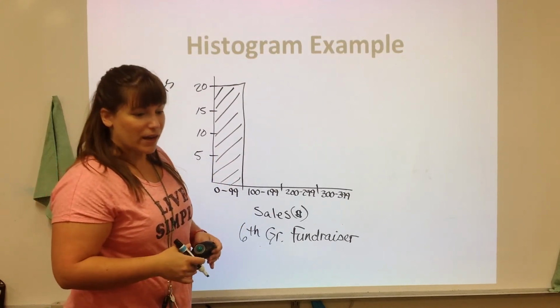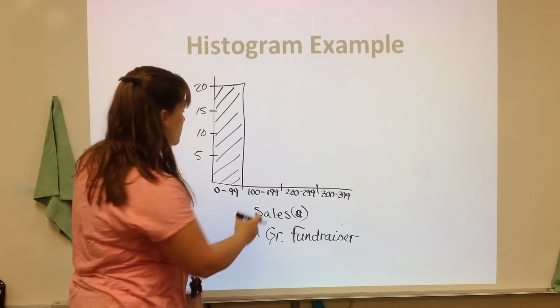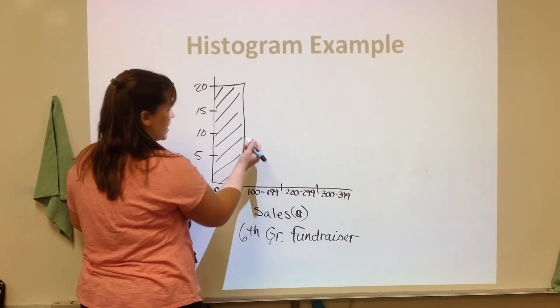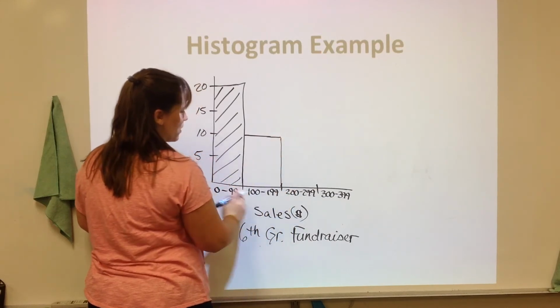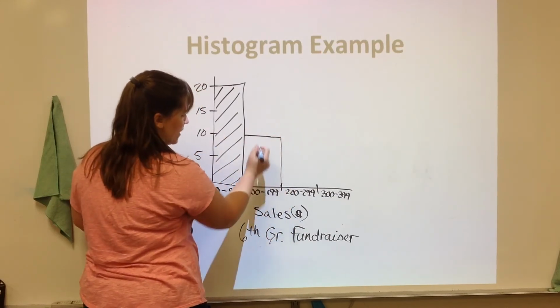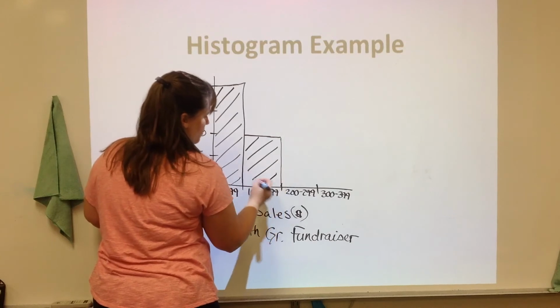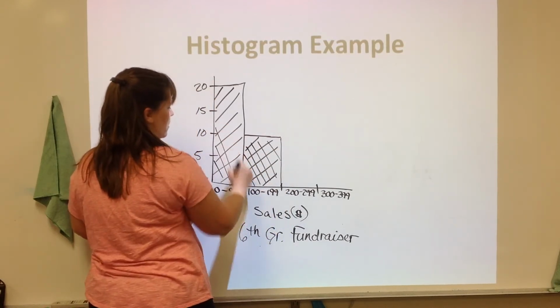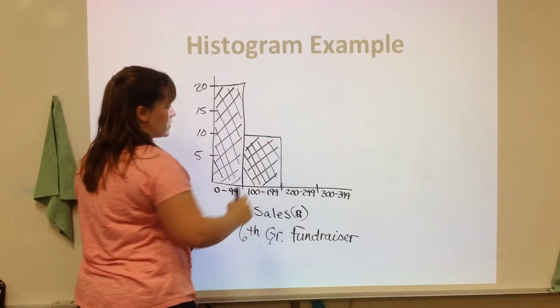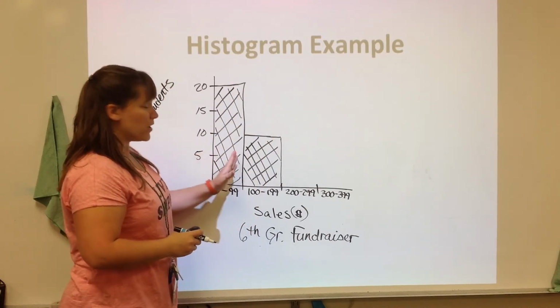Then we might have some kids who sold in this range. Say we had 10 students that sold in this range. So we would make a bar that was 10 high and color it in. And I'm not coloring, I'm just drawing little hash marks. And notice they are touching.